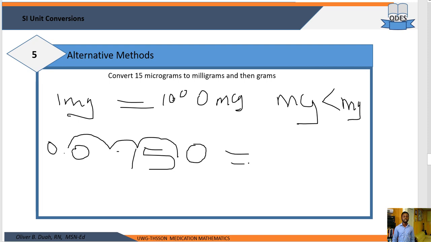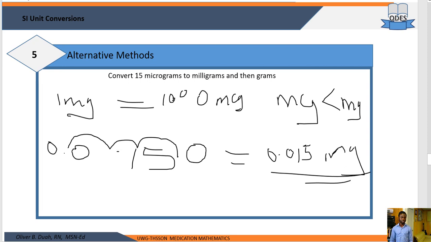So this is going to be 0.015. It's the same as doing 15 divided by 1000, and you will get 0.015. So this is going to be our answer in milligrams.